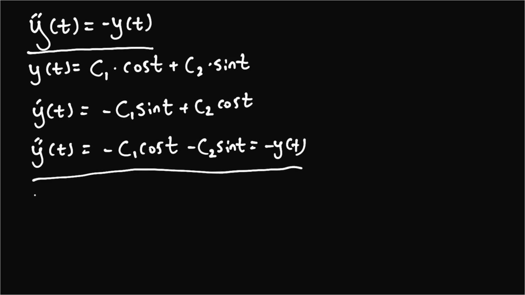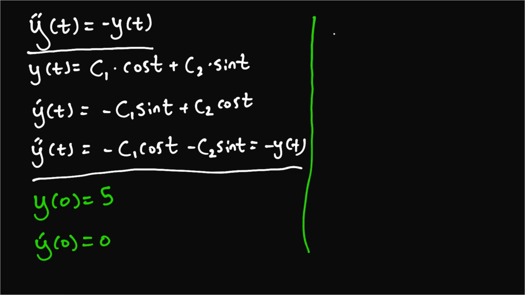But now we're going to impose some initial conditions. So let's set y of 0 equal to 5 and y prime of 0 equal to 0. Let's see how this affects c1 and c2. So if we plug in the initial conditions, let's compute y of 0. Using our formula, that should be equal to c1 cosine of 0 plus c2 sine of 0.